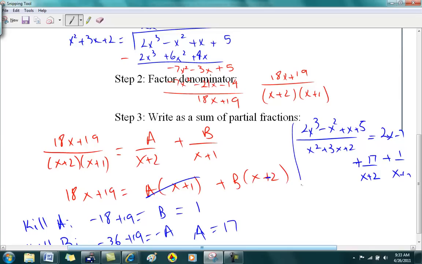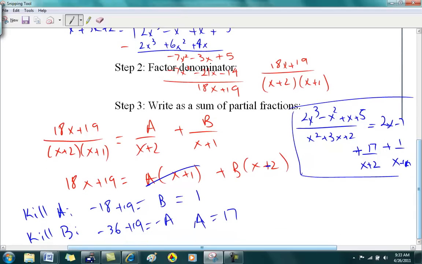This is your final answer, not a and b, okay? This is x plus 1. That's a 1, okay? And then you can check that this is right by doing your graphing process, all right? And I'll leave that to you to complete.